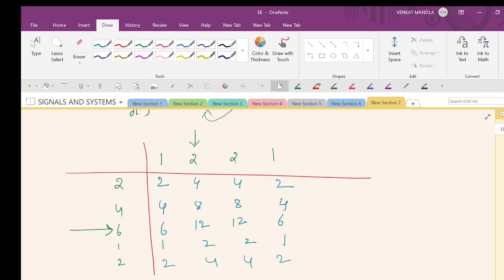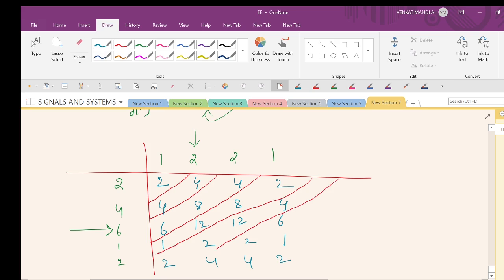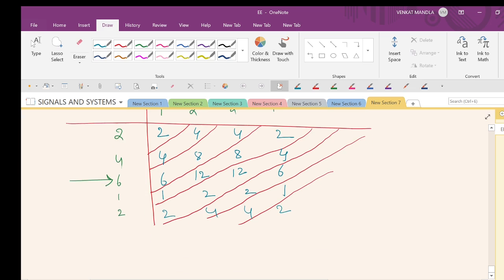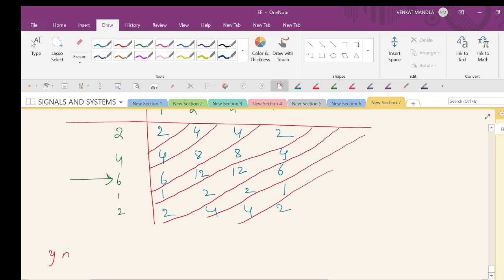Now draw like this: 1 element, 2 elements, 3 elements, 4 elements, again 4 elements, 3, 2, 1. So these are the y of n values.